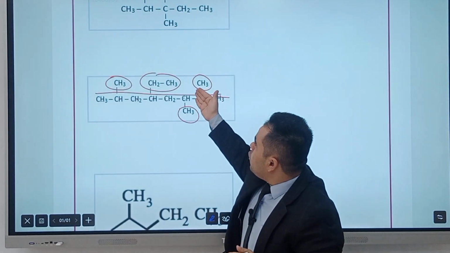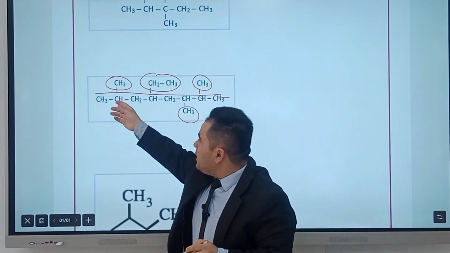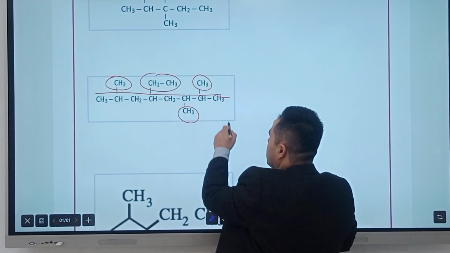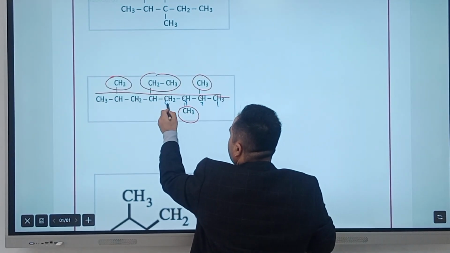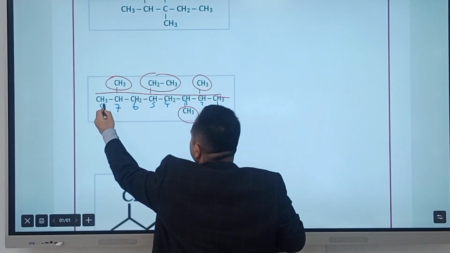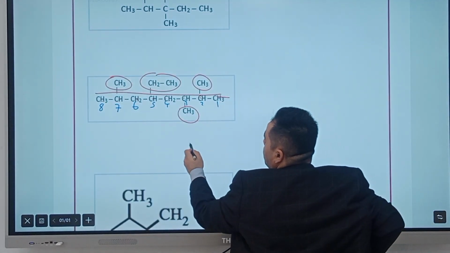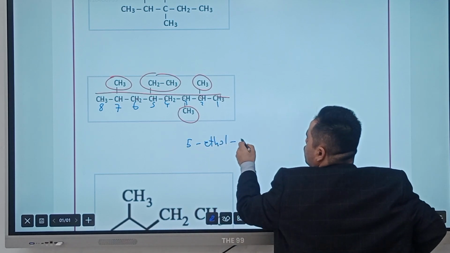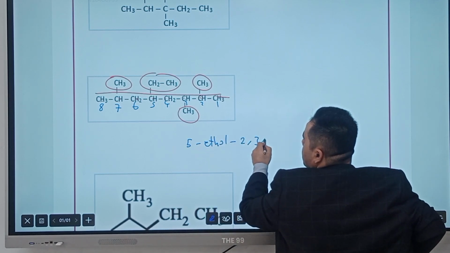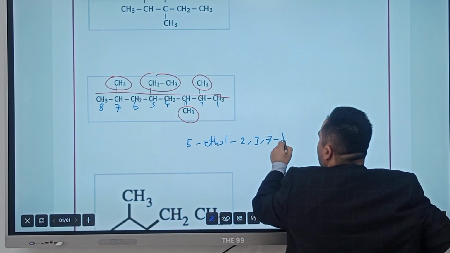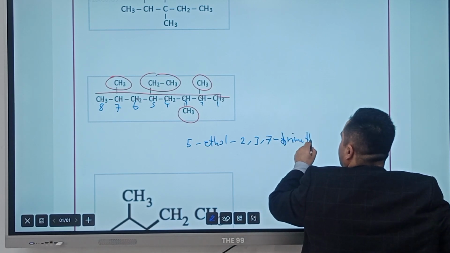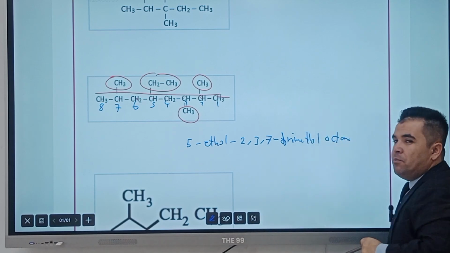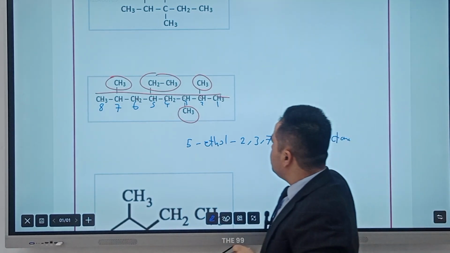This end is followed by another branch. That end is not followed by another branch. So you have to start from this end. 1, 2, 3, 4, 5, 6, 7, 8. On the fifth, what do we have? Ethyl, 5 ethyl, 2, 3, 7 trimethyl octane. That's the name of that structure.